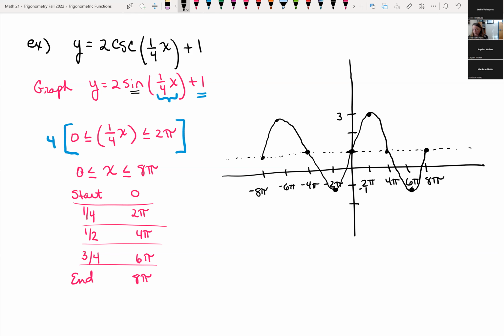My asymptotes are values where it crosses the midway line. That +1 didn't affect where those vertical asymptotes are, where a normal function would have hit the x-axis. Those are still going to set the denominator equal to 0. And so graphing this cosecant function based off of what our sine function looks like, we get this graph.